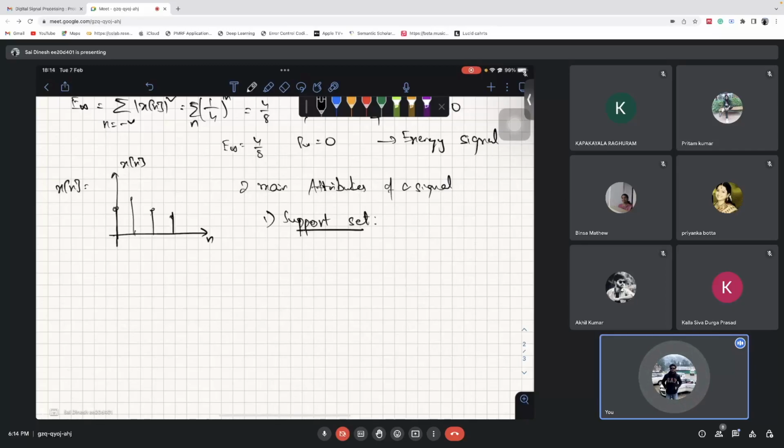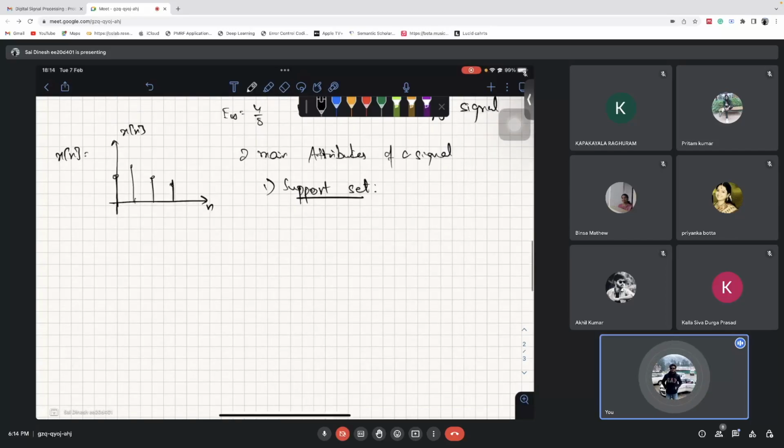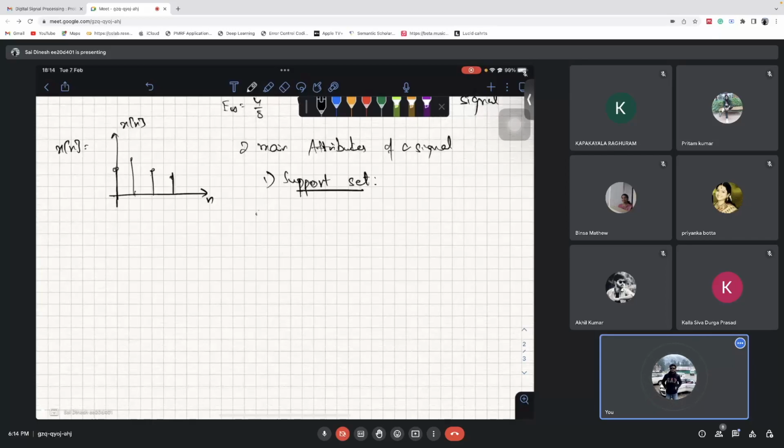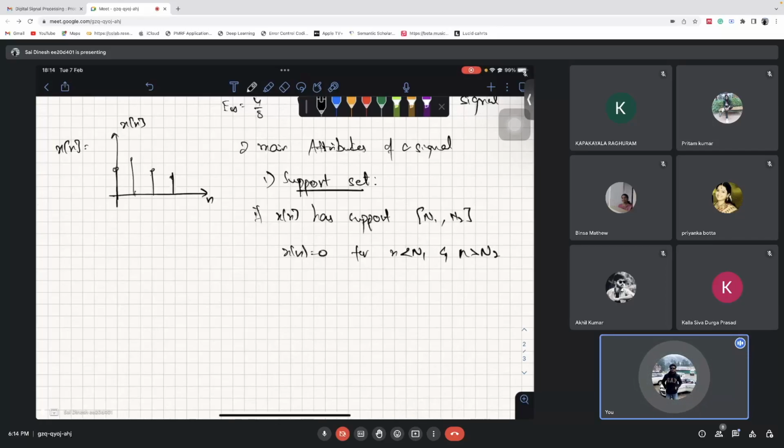This is the set of indices for which x of n is not equal to 0. If x of n has support n1 to n2, this means that x of n is 0 for n less than n1 and n greater than n2. So this is what support set means.